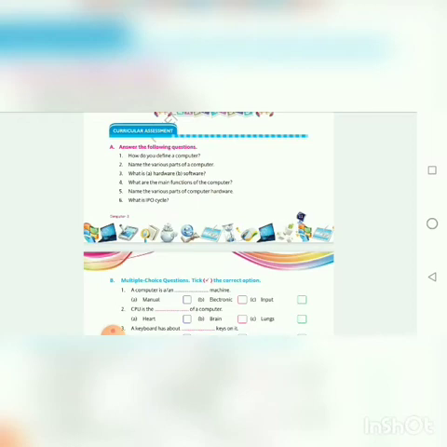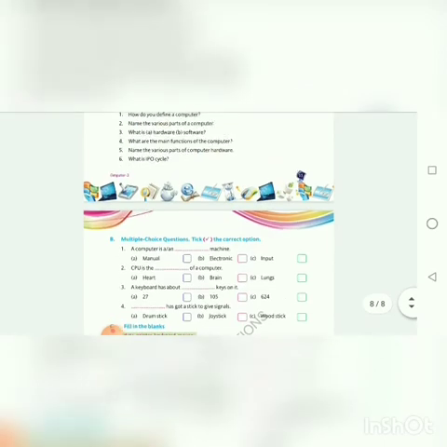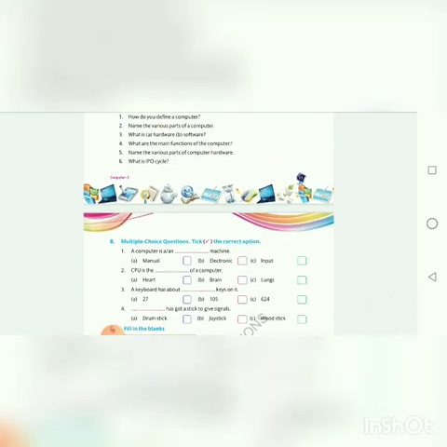Question 4. What are the main functions of a computer? Answer. The main functions of a computer: first, entering the data; second, processing the data; third, data storage; fourth, output of the data. Question number 5. Name the various parts of computer hardware: monitor, keyboard, mouse, joystick, scanner, printer, plotter.